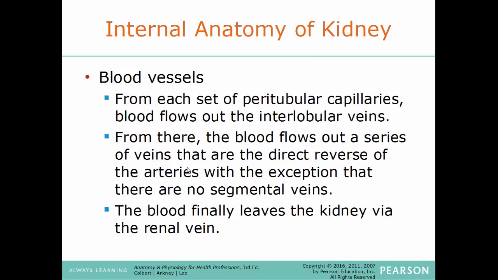From each set of peritubular capillaries, blood will flow out of the interlobular veins. From there, the blood will flow out a series of veins that are the direct reverse of the arteries, with the exception of there are no segmental veins. So the names are identical, other than instead of the word artery, you have the word vein. And then the blood will finally leave the kidney through the renal vein.